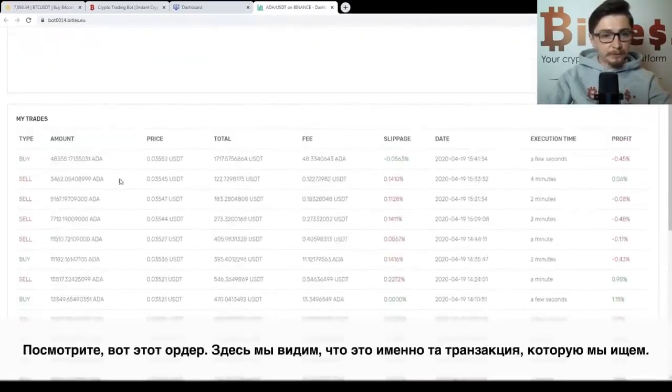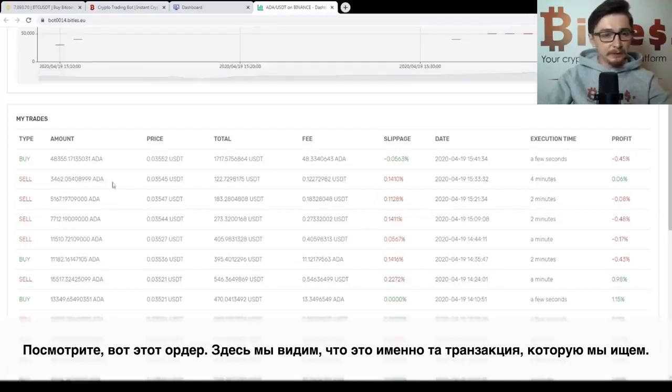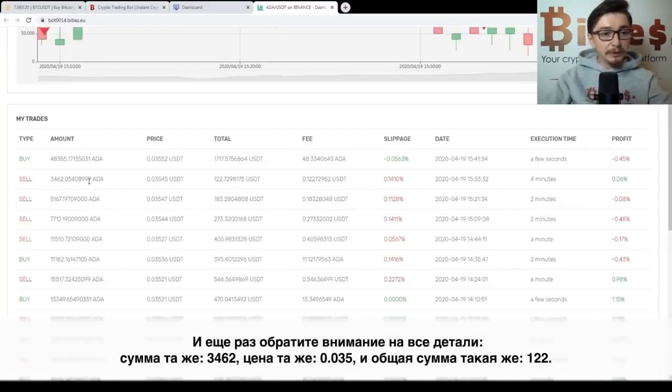So here it is. Here we can see that this is exactly the trade that we are looking for, and pay attention to all the details again. The amount is the same 3,462. Price is the same 0.035 and total is the same 122.